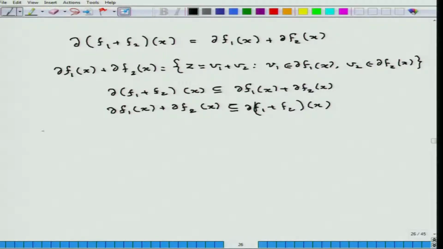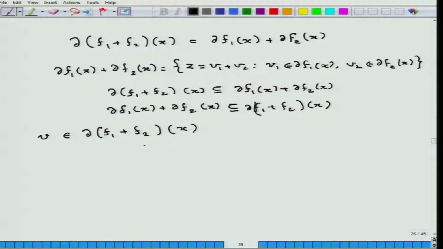See, if I take a V from this set, what would happen? Can I do something with it? Our idea would be to use the directional derivative and the fact that the directional derivative acts as a support function.